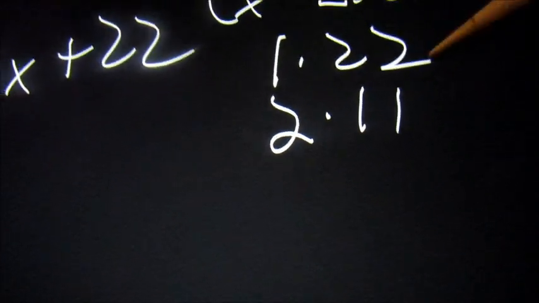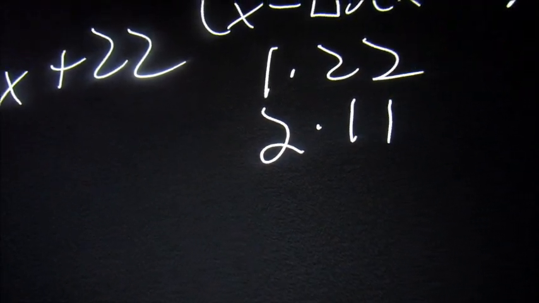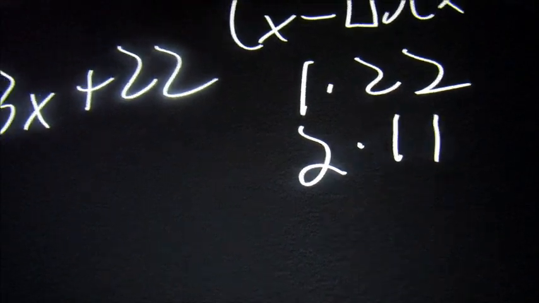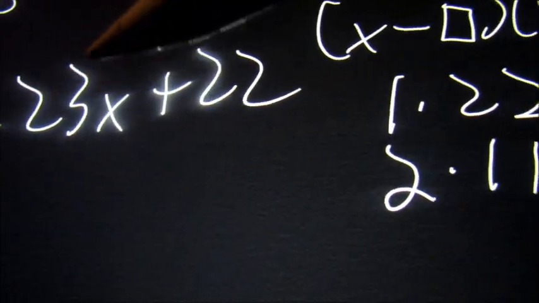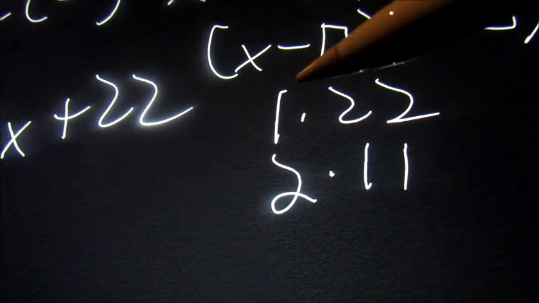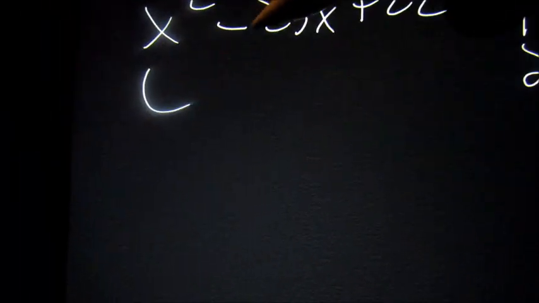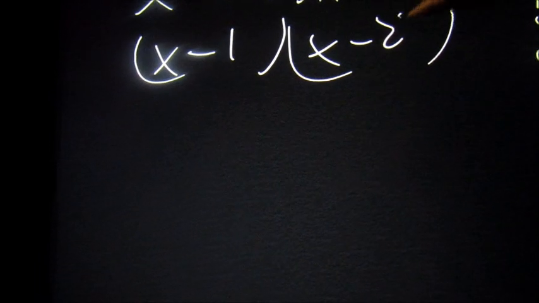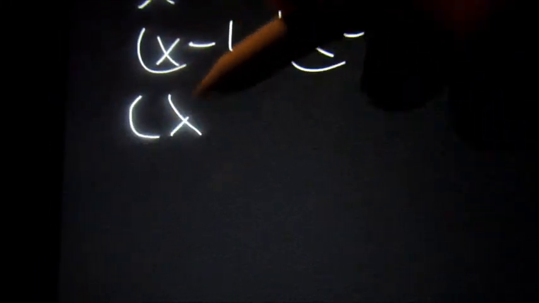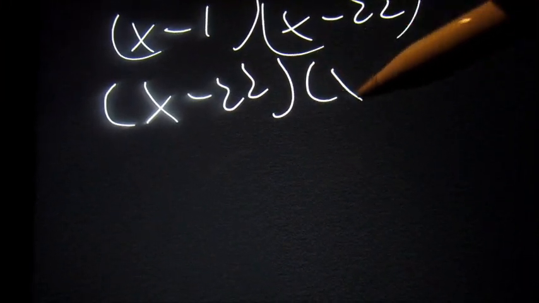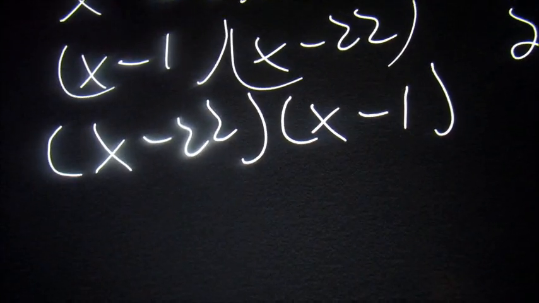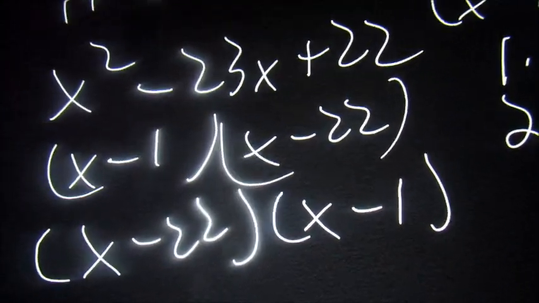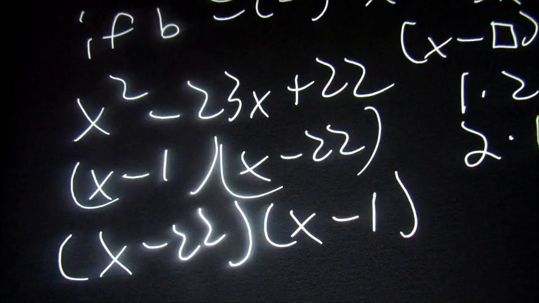The next one that will work is 11, and we already have 11 here, so these are our only two choices. And we need to add up to 23, so the two that do that are 1 and 22. So we're going to have x minus 1, x minus 22, or x minus 22, x minus 1. Those are going to be your answers.